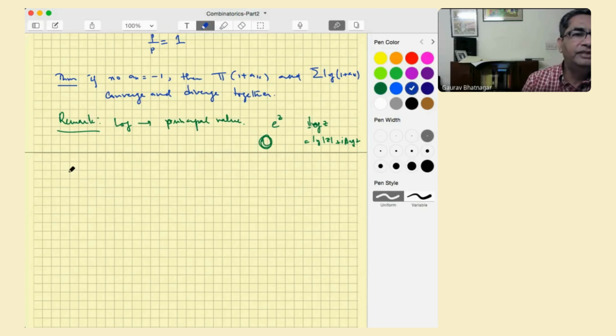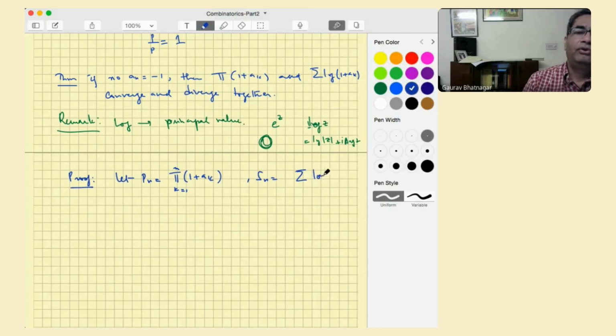So the proof is as follows. Let Pn be equal to the product of 1 plus ak, k going from 1 to n, and again I'm going to hand wave a little bit here. And let Sn be the sum of log 1 plus ak, k going from 1 to n.